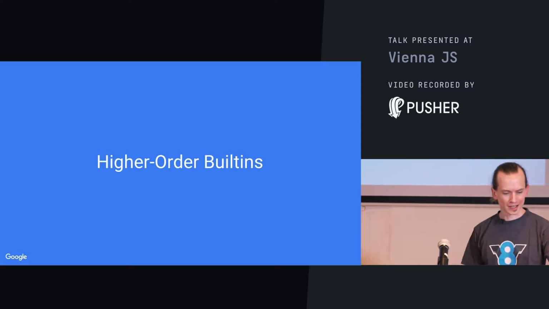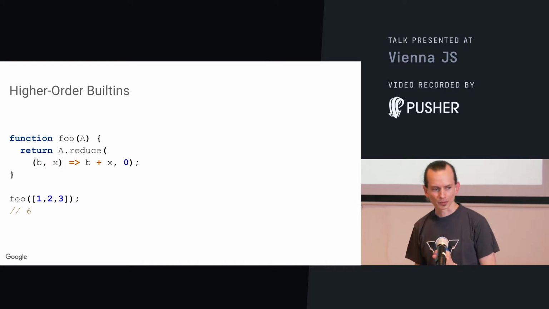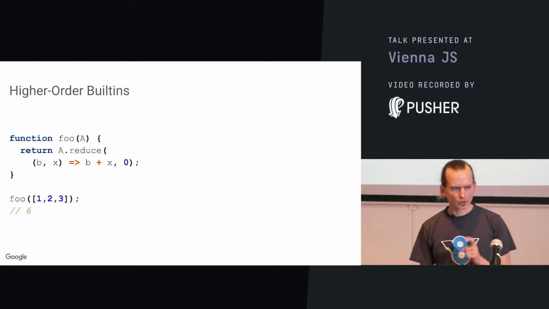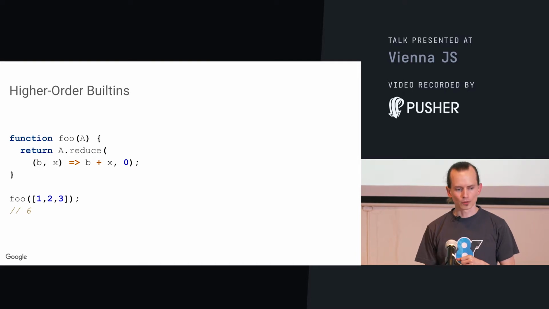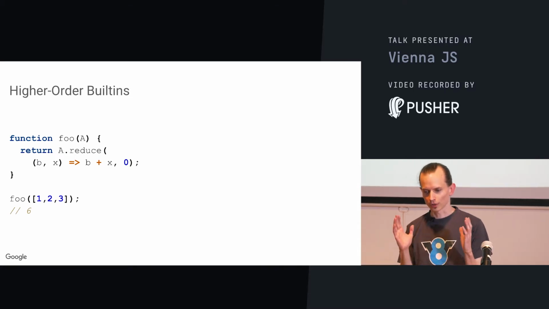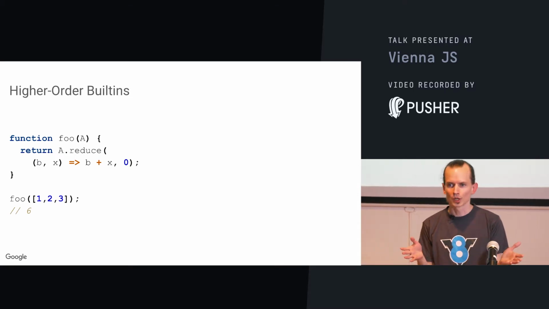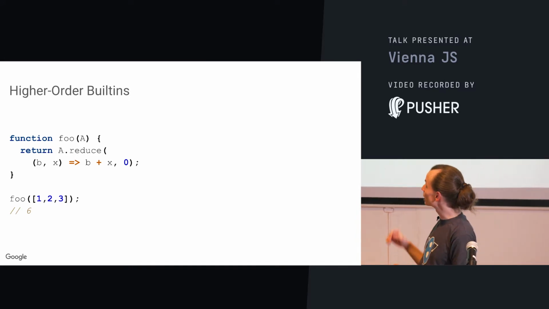All right, let's look at higher order built-ins. Another example: let's look at the reduce built-in of an array. With reduce you can, for example, express summation functions. So you have an array full of numbers, and you want to calculate the sum of it. What you would write is potentially something like this.